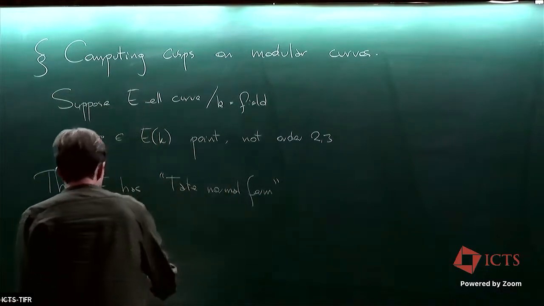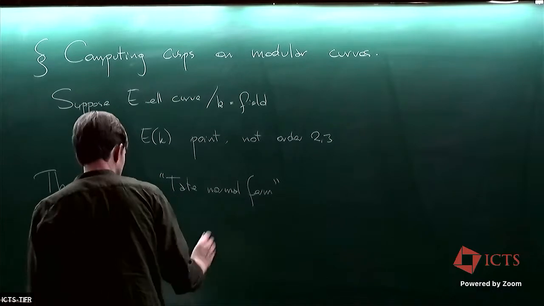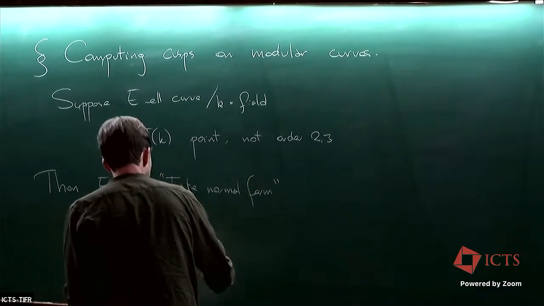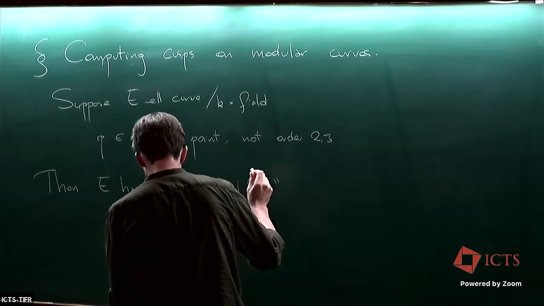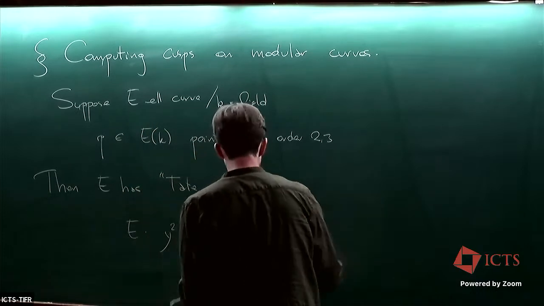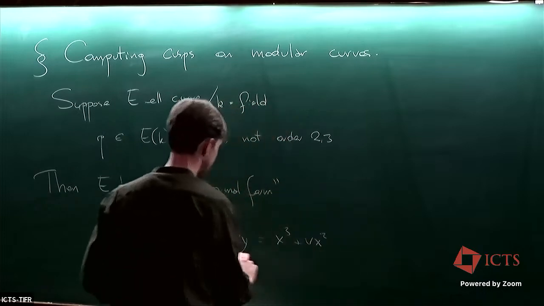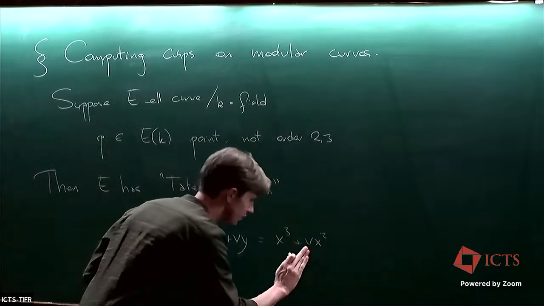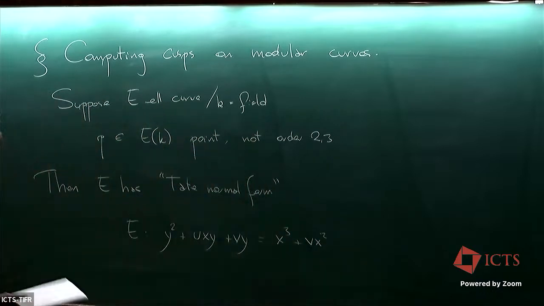And in fact, by elaborating slightly on this, we can always rescale the coordinates to put it in the following form: y squared plus uxy plus vy equals x cubed plus vx squared, where this is the same parameter v. There we go.